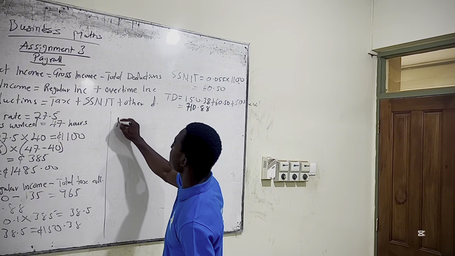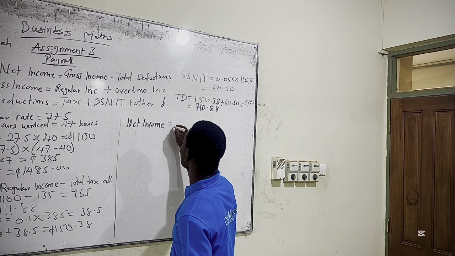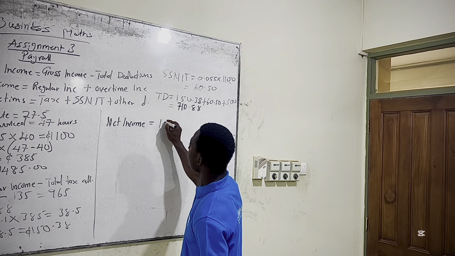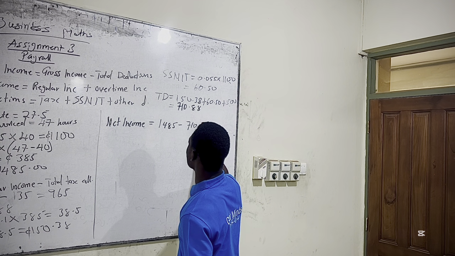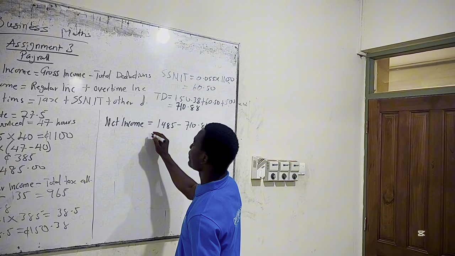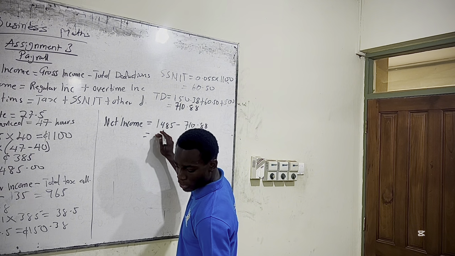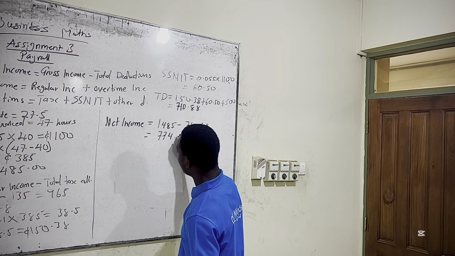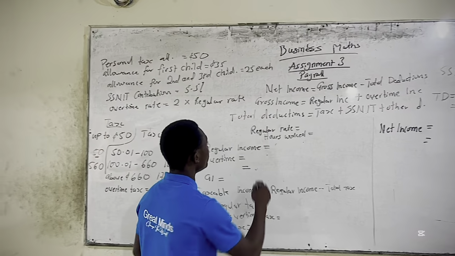So net income will be the gross income, which is 1,485, minus 710.88, which is going to give you a net income of 774.12 Ghana cedis. Alright, so the next person is Muniru, right?